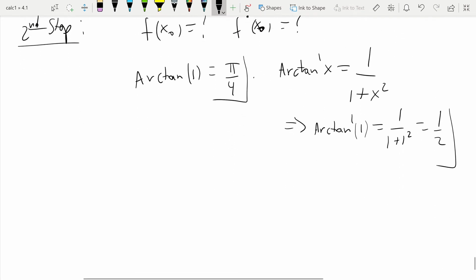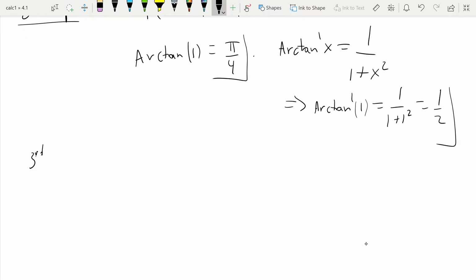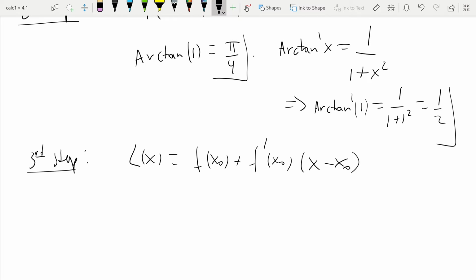Third step: what is L of x? L of x is f of x naught plus f prime of x naught times x minus x naught, which in this case is arctan of 1 plus arctan prime of 1 times 1.01 minus 1.